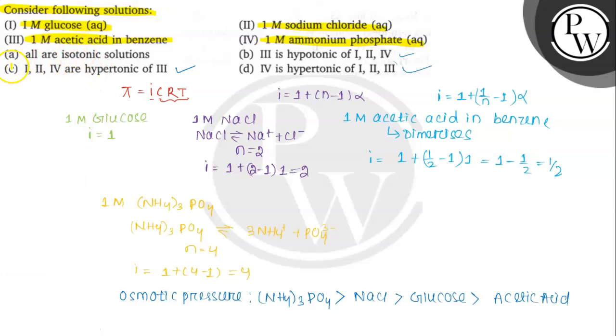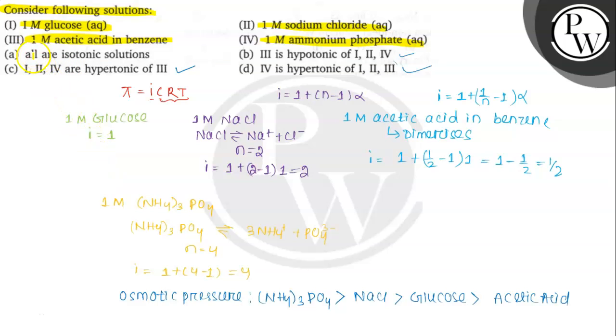Consider the following solutions: it is not mentioned whether you have to find the incorrect or the correct option. As three of them are correct, maybe the question is about the incorrect option.